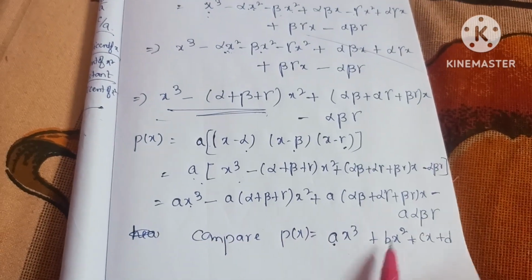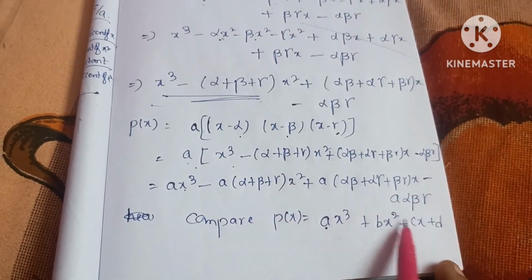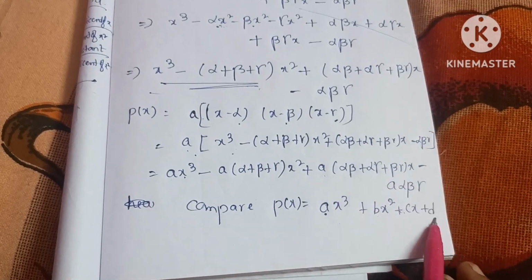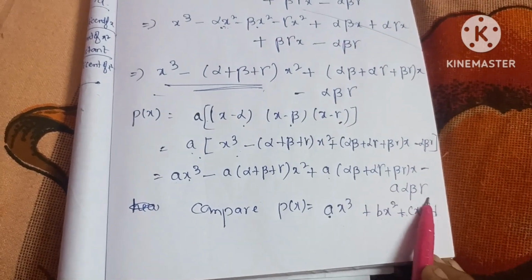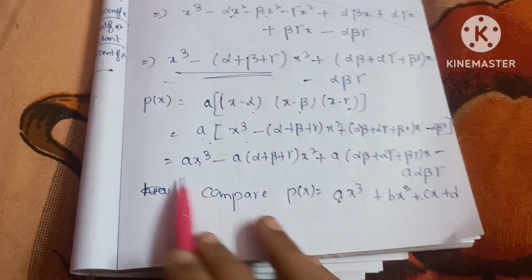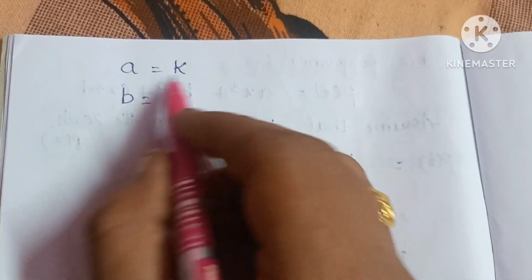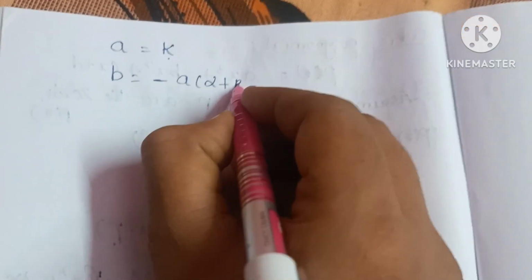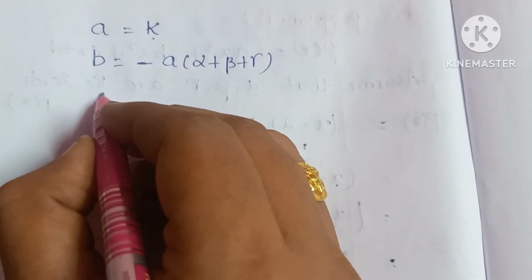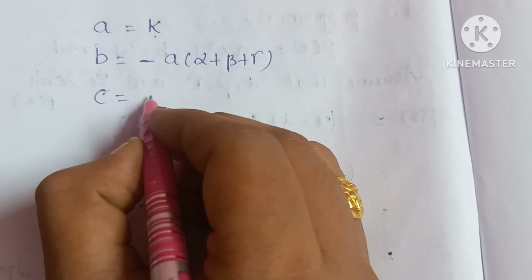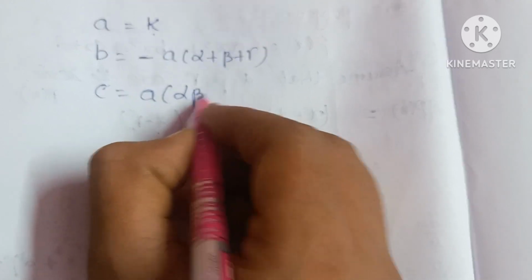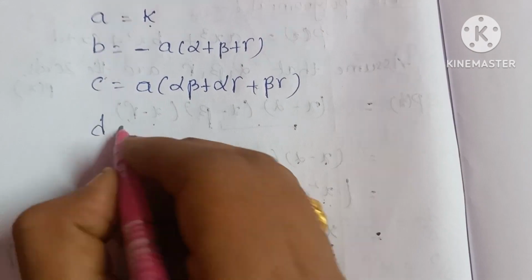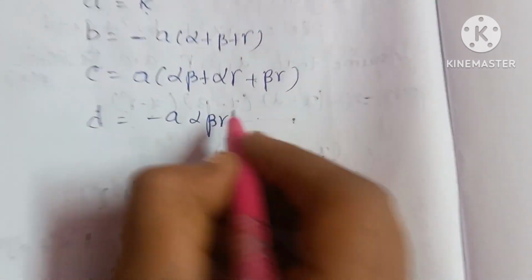So ax cube, here b is minus a into alpha plus beta plus gamma, here c is a into alpha beta plus alpha gamma plus beta gamma, and d means minus a alpha beta gamma. Here a is the constant term. So a equals k, b equals minus a into alpha plus beta plus gamma, c equals a into alpha beta plus alpha gamma plus beta gamma, and d equals minus a alpha beta gamma.